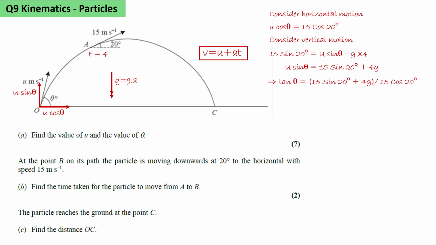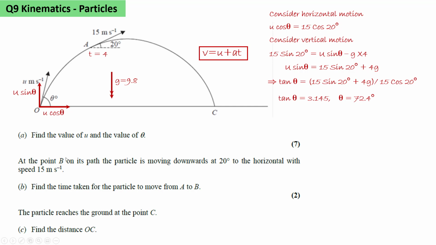Dividing the first and second equation, we get tan theta equals (15 sine 20 plus 4g) divided by 15 cos 20. We can calculate this to be 3.145, and we use tan to the minus 1 to see that theta is 72.4.